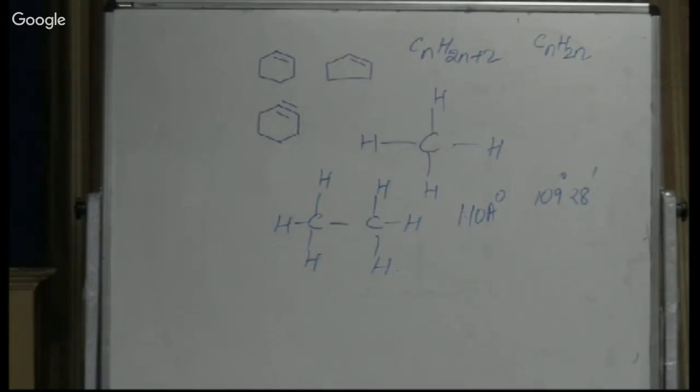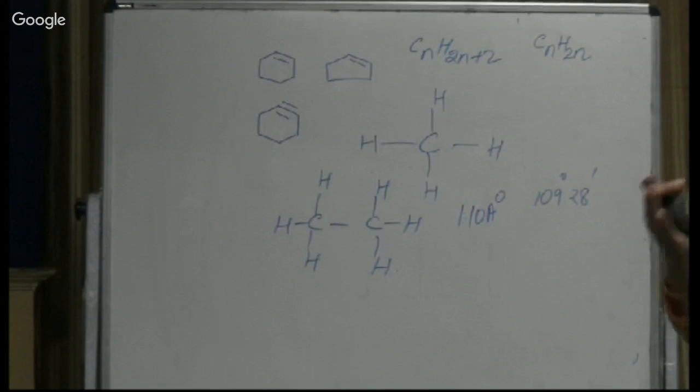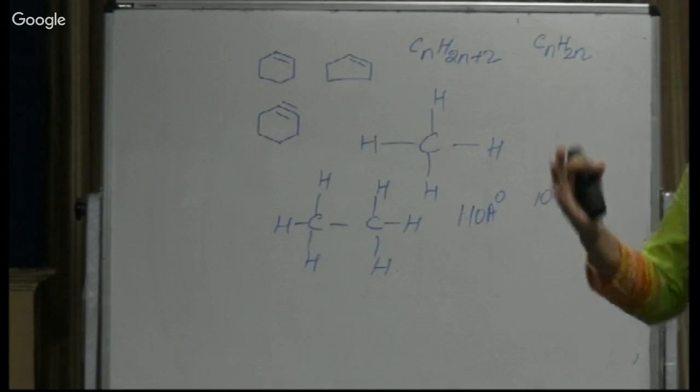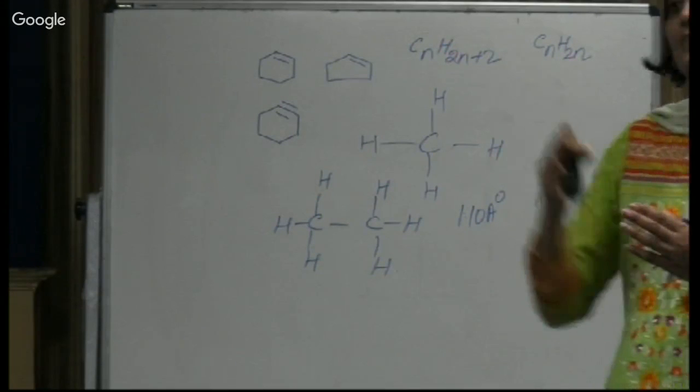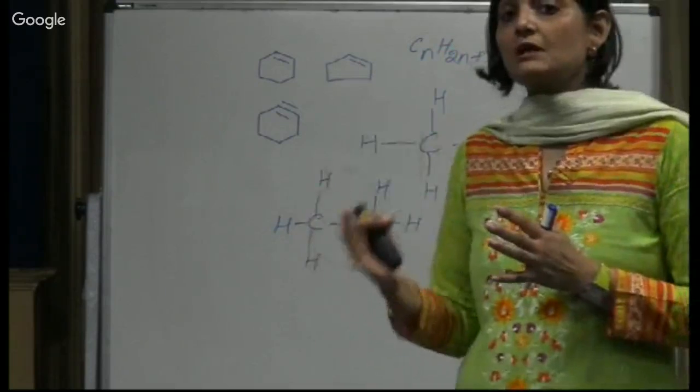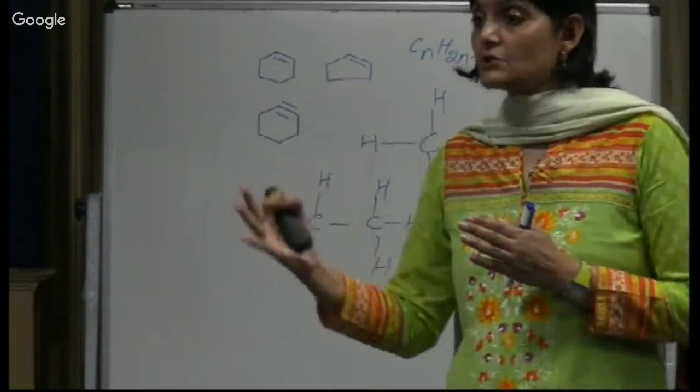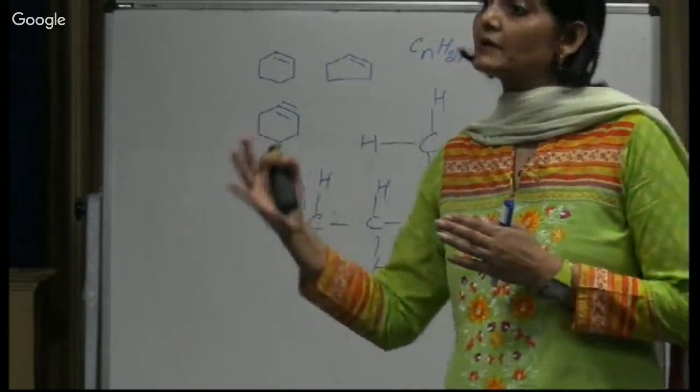Next is their boiling points. Now again, boiling point of an organic compound depends upon its intermolecular forces of attraction. As the chain length increases, the van der Waals forces of attraction in the molecule will increase. So the boiling points are expected to increase, right?